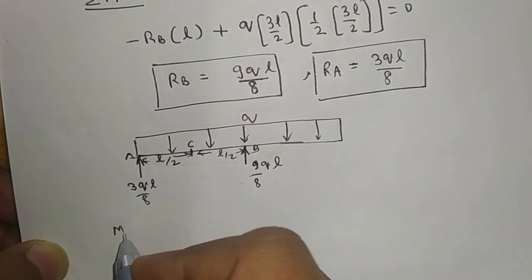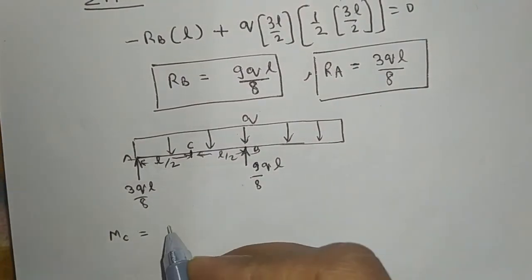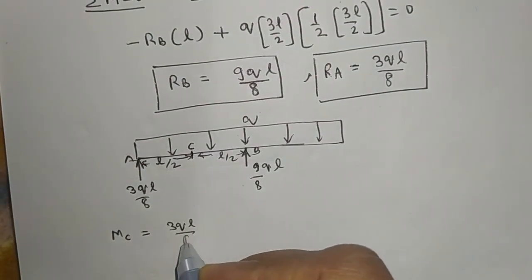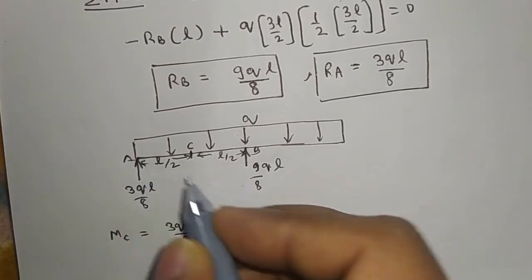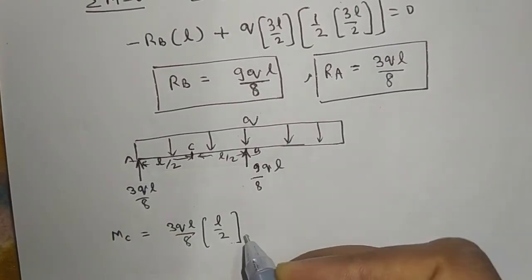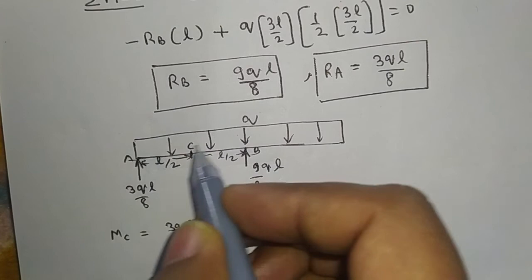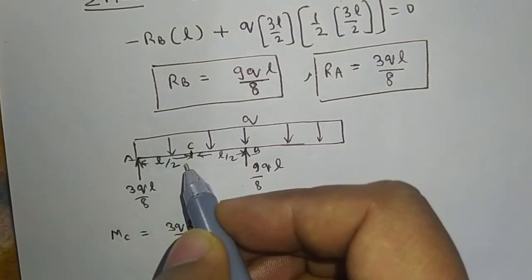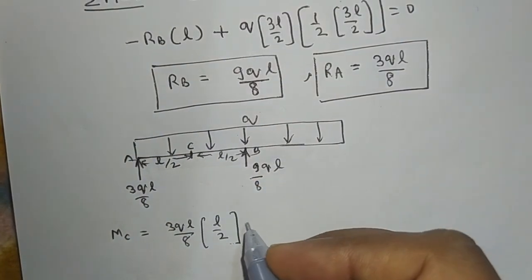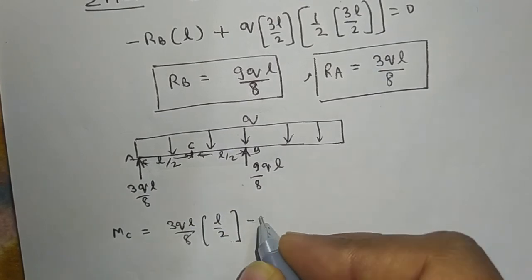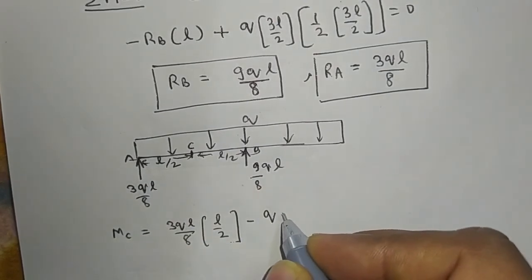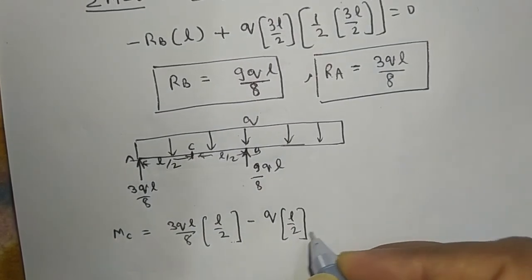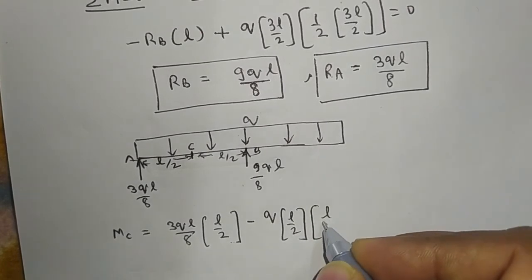So the moment at point C will be equal to 3QL by 8 multiplied by this distance L by 2. Because of this uniformly distributed load, there will be an anticlockwise moment about point C, minus Q into L by 2 into L by 4.